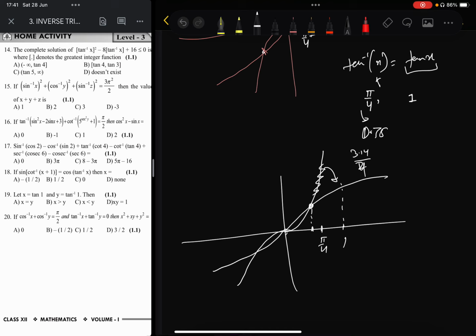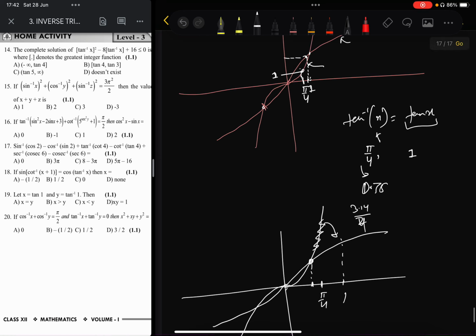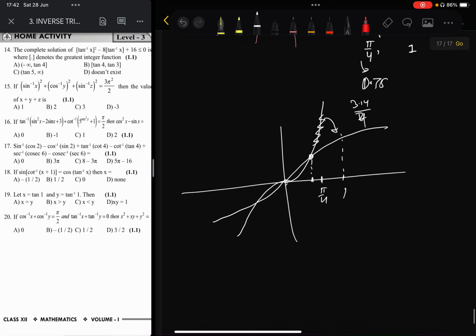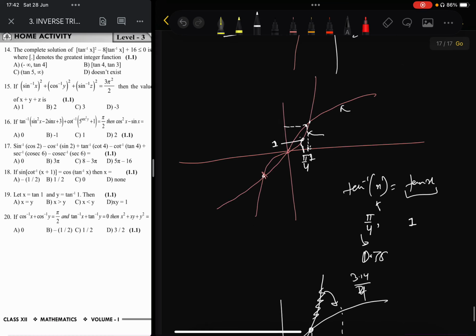So we need to find this angle also, right? So when tan inverse x and tan x are both equal, for x equals pi by 4 this is 1, and for x equals 1 this is pi by 4.